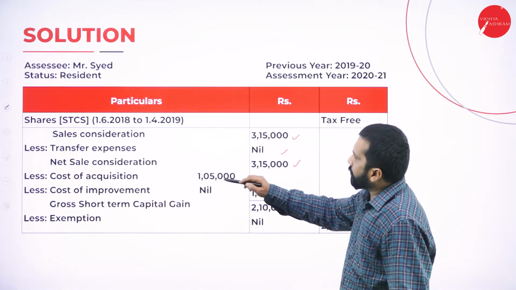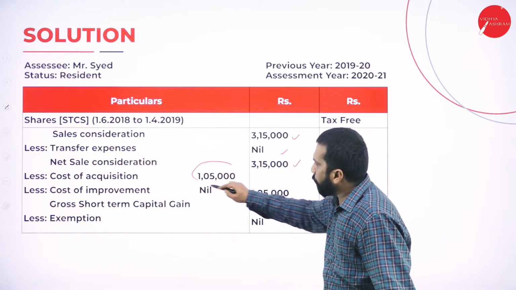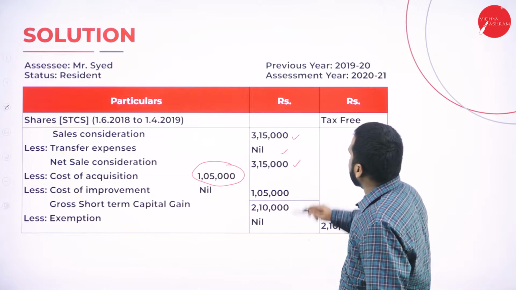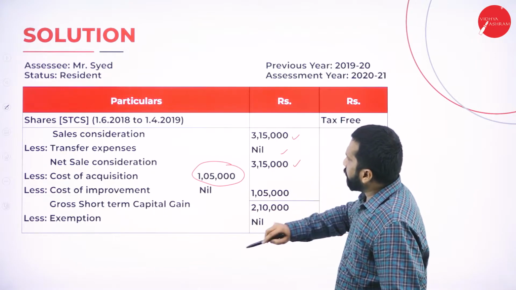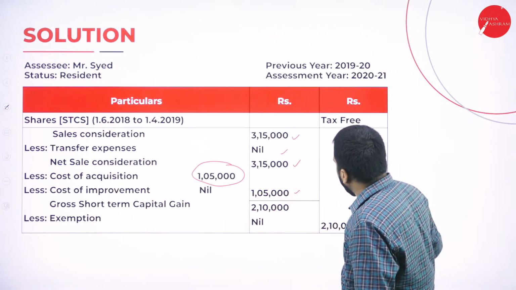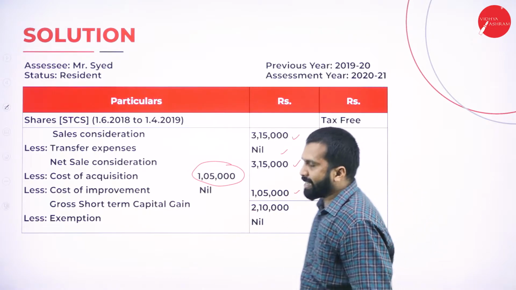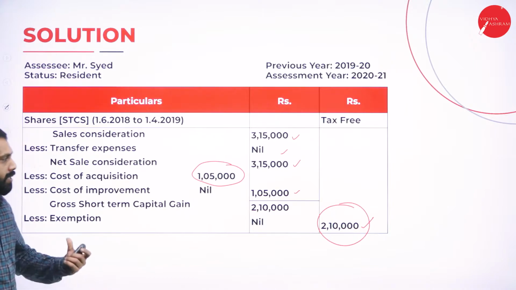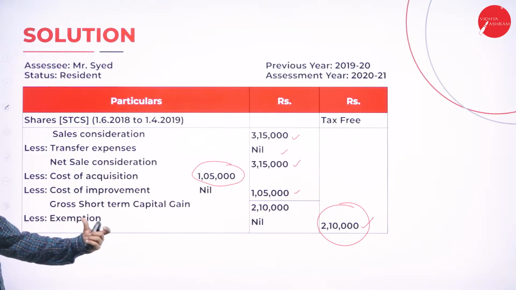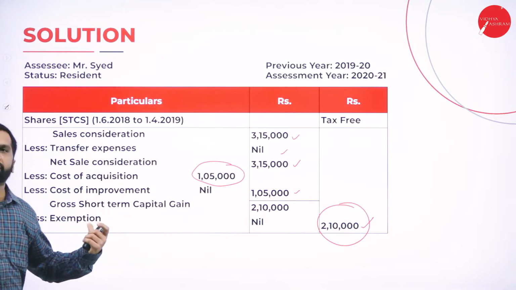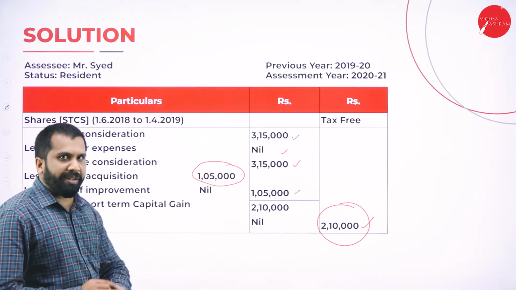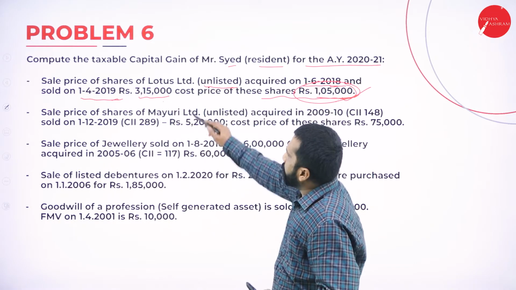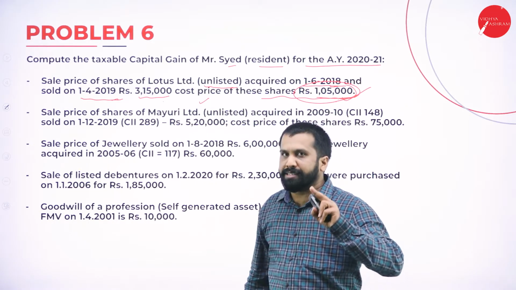Then your cost of acquisition will be 1,05,000. So 3,15,000 minus 1,05,000, you will get 2,10,000. The number will be 2,10,000 after deducting all this. Simple, no adjustment, nothing. First one is done. We'll go for the second one.